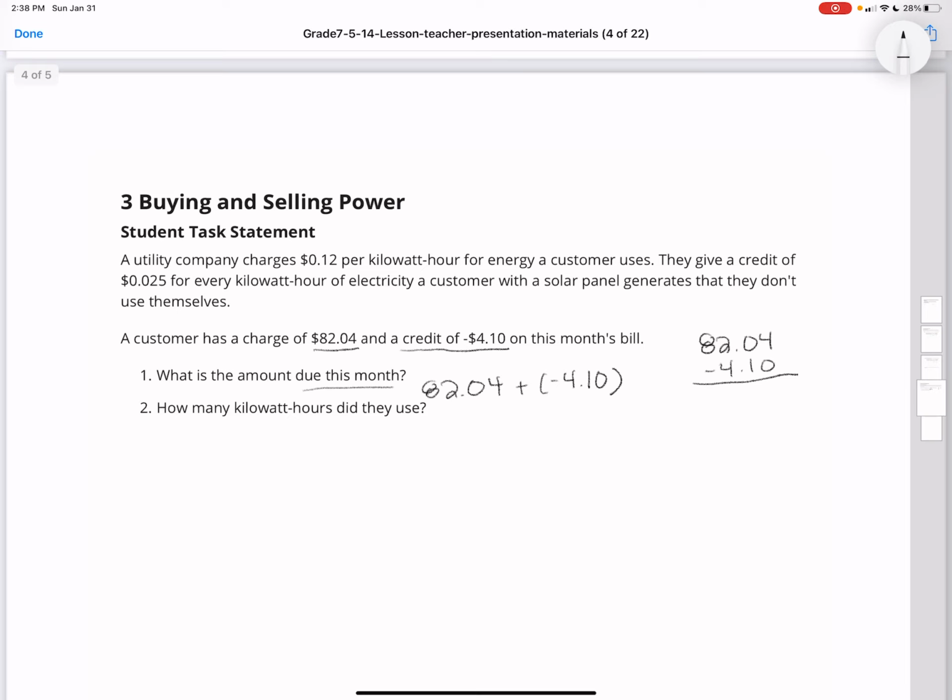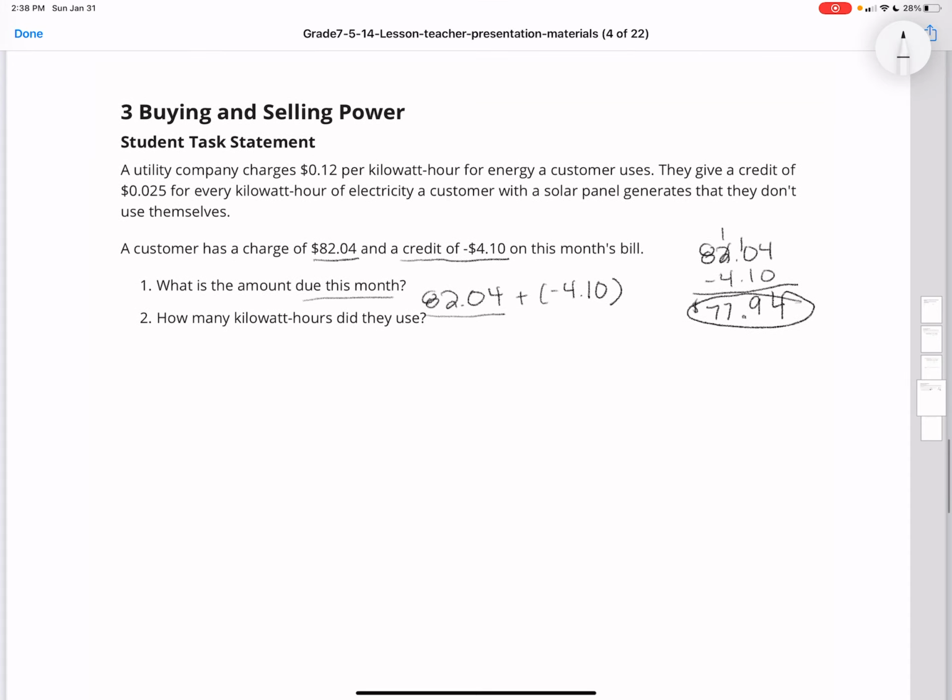All right, so I could drop the 4, bring that down. I could borrow, this is going to be 9. And 81 minus 4 is 77. Okay? Since $82.04 has the greatest absolute value, our answer would be positive. And this is how much is owed for the month, or how much is due for the month. So $77.94.